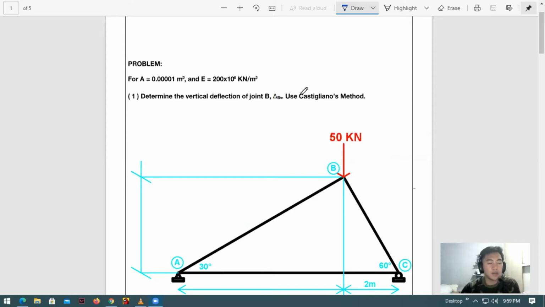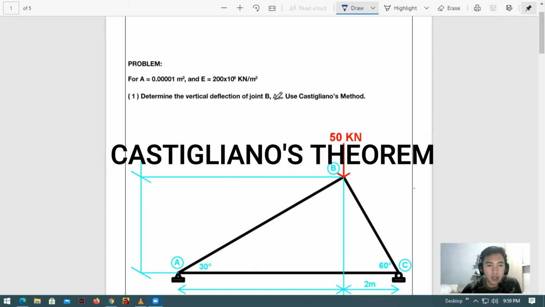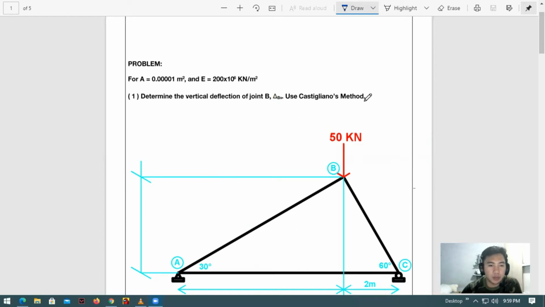Here we have a simple truss with an area of 0.0001 meter squared and a modulus of elasticity equal to 200 times 10 raised to 6 kilonewton per meter squared. The problem is to determine the vertical deflection of joint P using Castigliano's theorem.